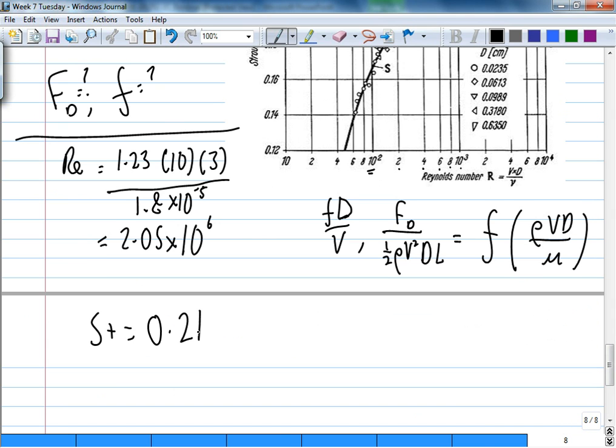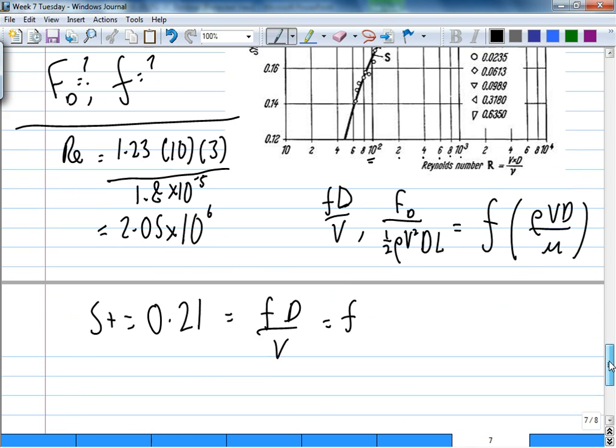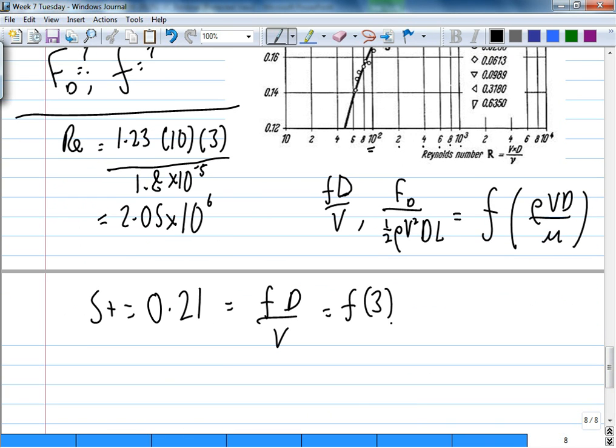Which is equal to FD over V. Which is equal to F. Our diameter is 3. Velocity 10. So our shedding frequency we expect to be, what is it?